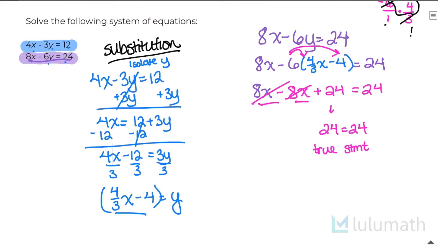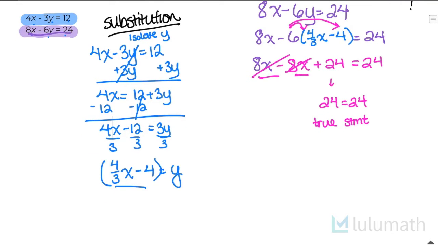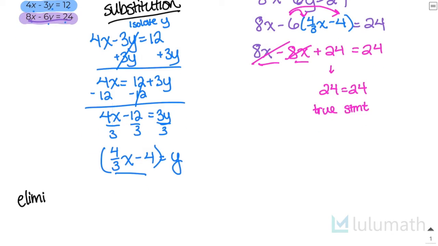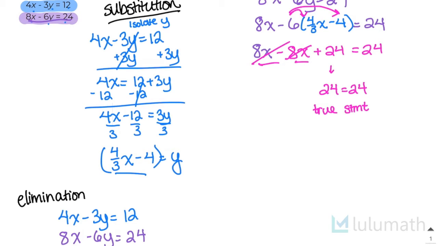So what I'm going to do now is try to solve this using elimination instead and see what happens. Okay, so let's copy down this 4x minus 3y equals 12. And then I will copy down this 8x minus 6y equals 24. Okay, and I will try to cancel out my x's here.